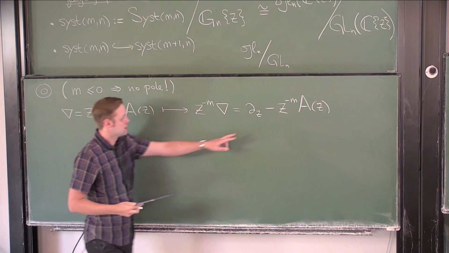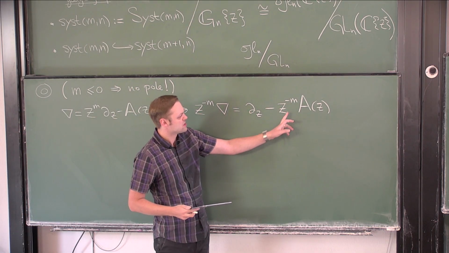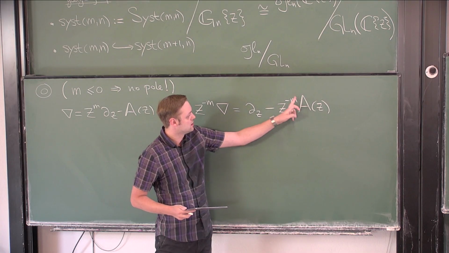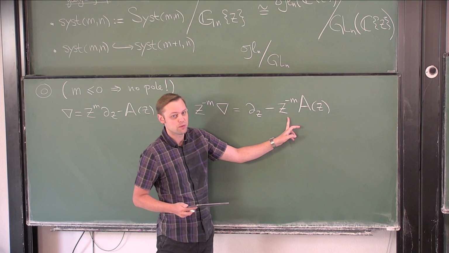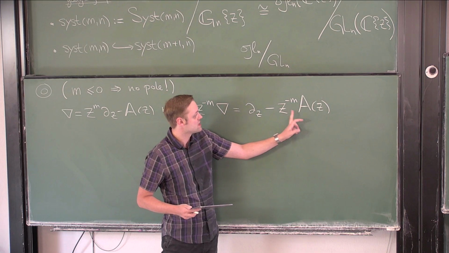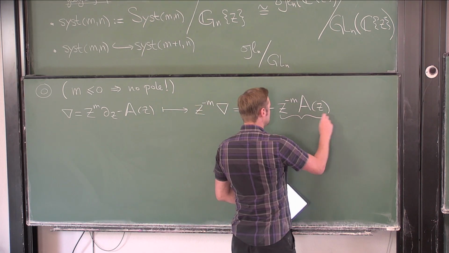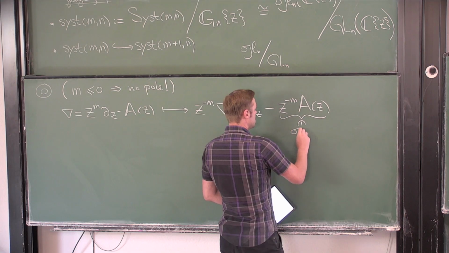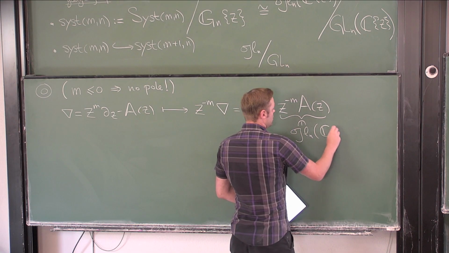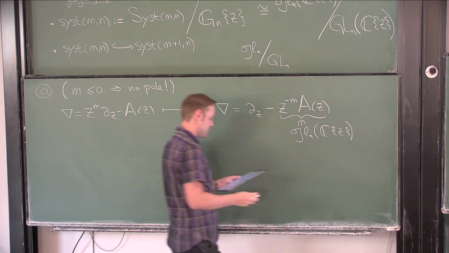Now, of course, M is non-positive, so I'm not creating any poles. This is a positive power of z. So this whole thing is still in GL_n with convergent power series coefficients.